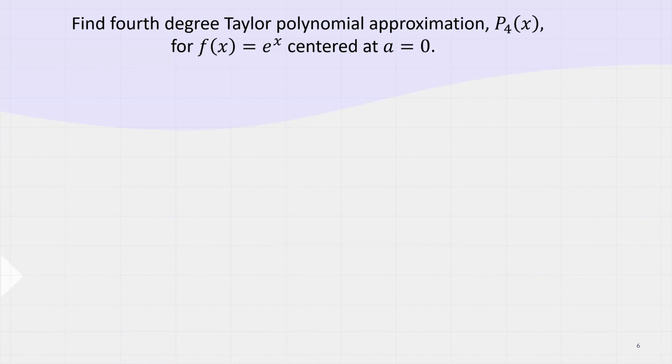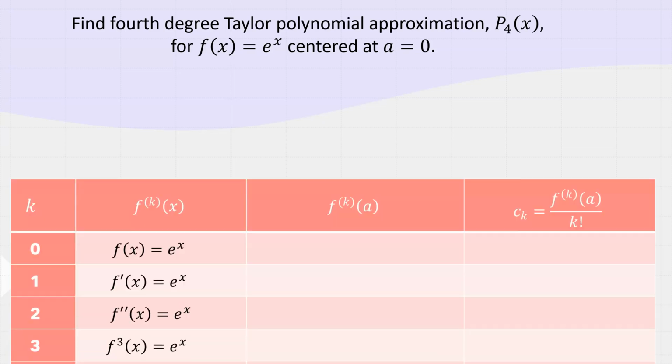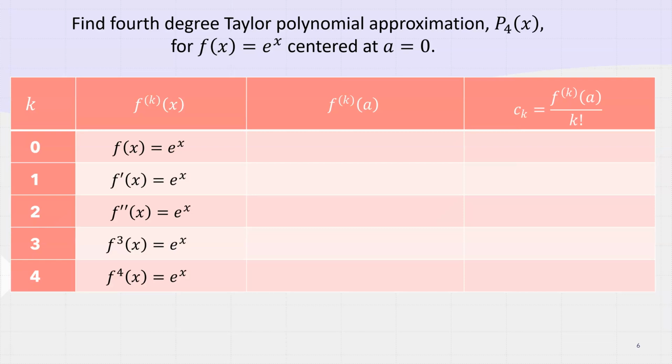Okay, let's use that. Find the fourth degree polynomial approximation for e to the x centered at a equal to 0. Okay, we're going to start out slow. And this is a particularly good first practice because the derivative of e to the x is e to the x, right? That's great.